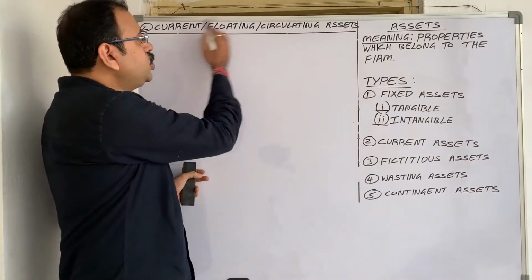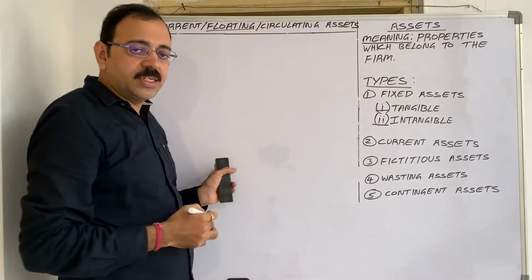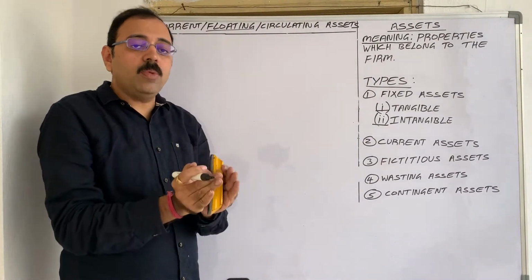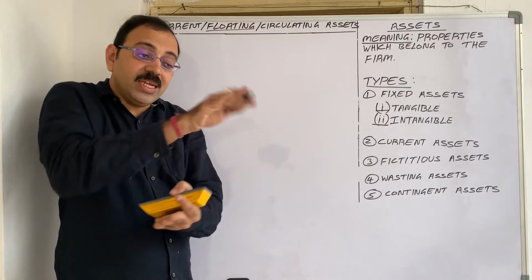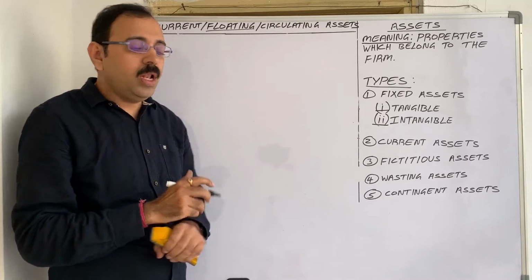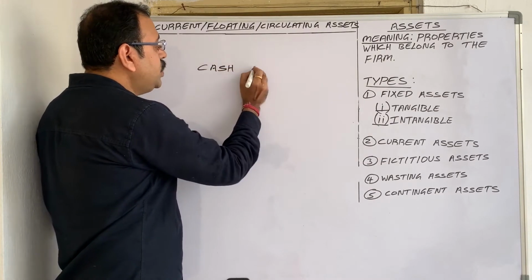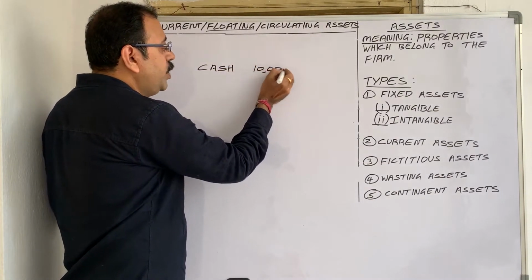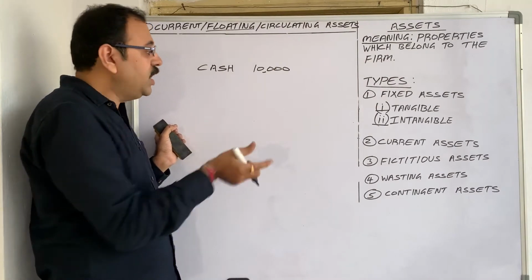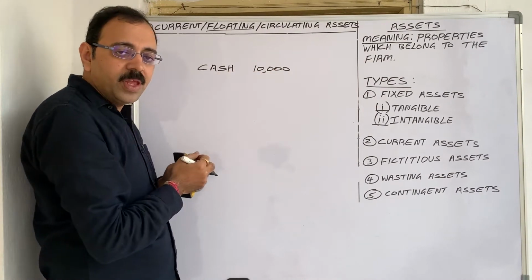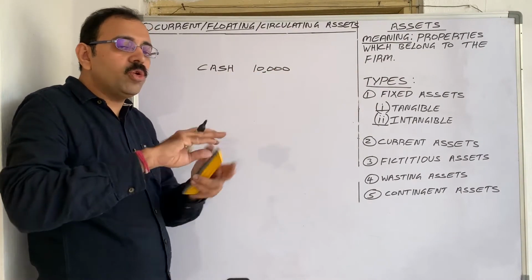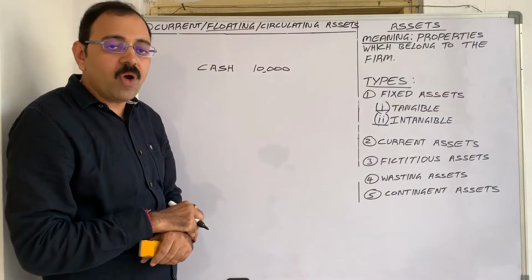Why is a current asset known as a floating asset? Because within a short period, it will change its form. For example, we have some cash in our firm. Cash is 10,000 rupees. The current asset is in the form of cash in hand. Assume with this 10,000 rupees we purchased goods. Then what happened?